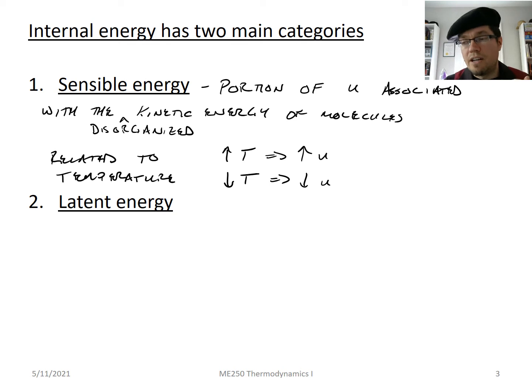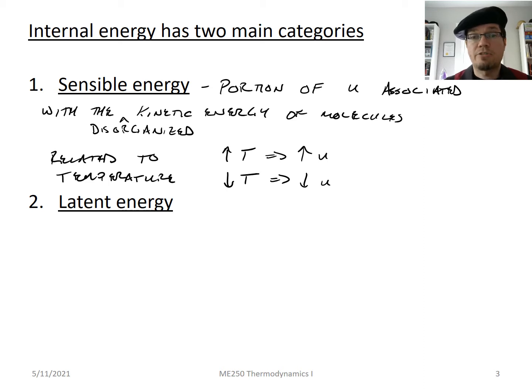Think of an ideal gas, or any gas for that matter. As you pump energy into it, as you increase its temperature, you give all of those molecules more energy. They are moving around more, they're bouncing off each other more, they're vibrating more, they're rotating more, all of those things. As a result, their sensible energy goes up, their temperature goes up, and their internal energy goes up.